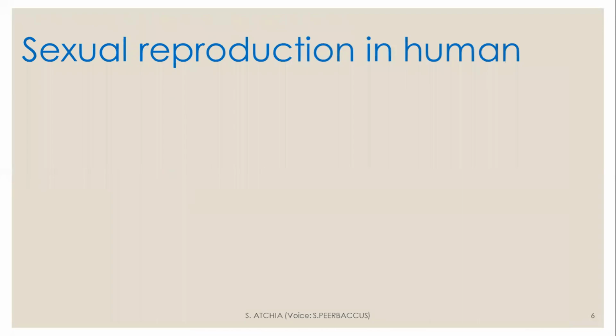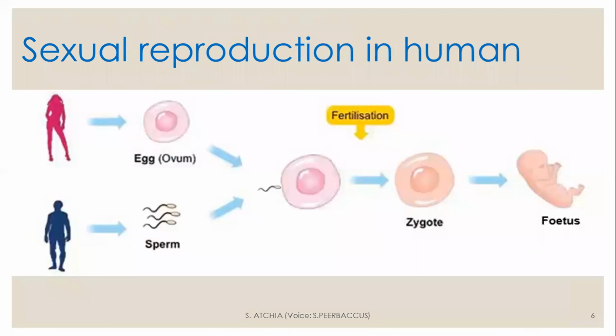Now let's move on to sexual reproduction in humans. Here we have two parents involved, a female parent and a male parent. Each parent produces a special type of cell as from the age of puberty. A female produces an egg cell, whereas the male produces a sperm cell.